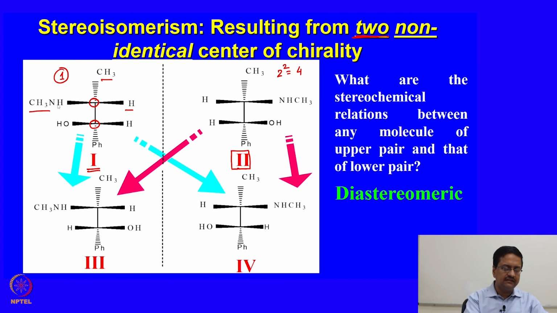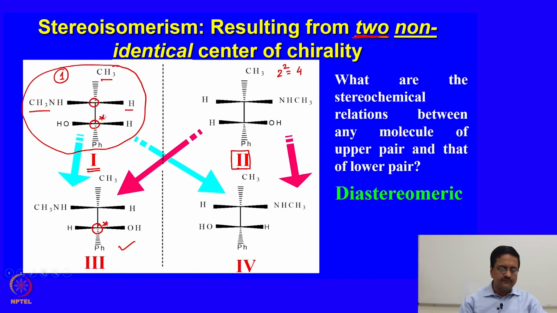If you place this molecule next to molecule 3, the difference is only in one chiral center, which is this one. The other chiral center has the same chirality. Similarly here, the difference arises in this chiral center and not in the other one. So these molecules are called diastereomers.